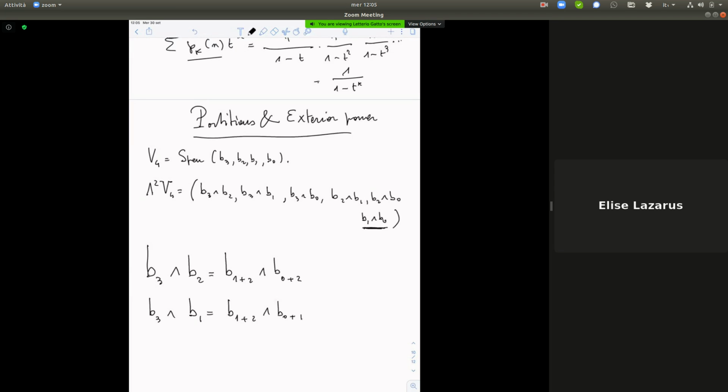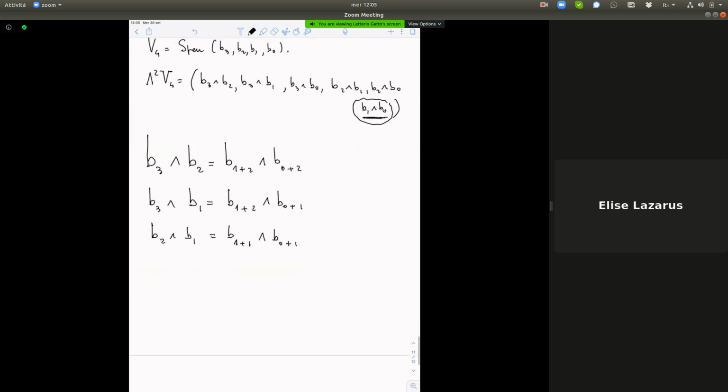Very good. And then let me do B2 wedge B1. We want to write B2 as B1 plus 1 wedge B0 plus 1. That is, all the elements can be obtained by adding something to 1 and 0 in such a way that the sequence of the indices is decreasing.